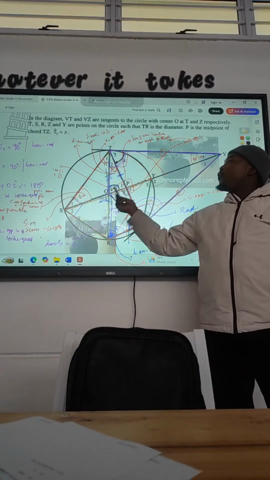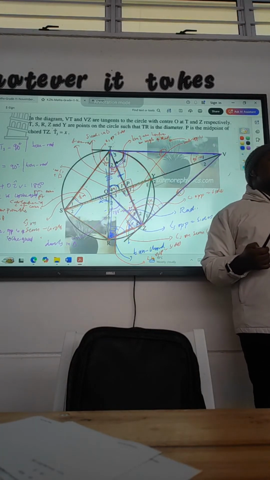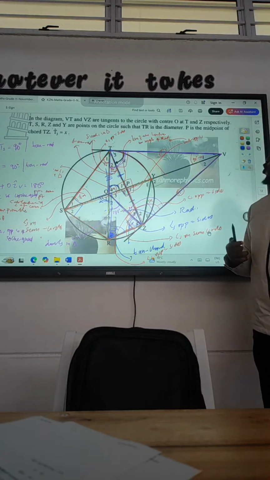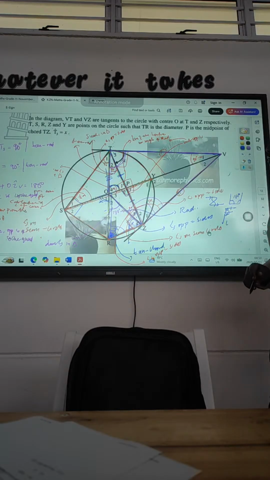So for this question, there's plenty of solutions that you can use, provided we remember that if we have parallel lines, then these will be equal, and co-interior angles must be supplementary, and corresponding angles must also be equal if the lines are parallel.